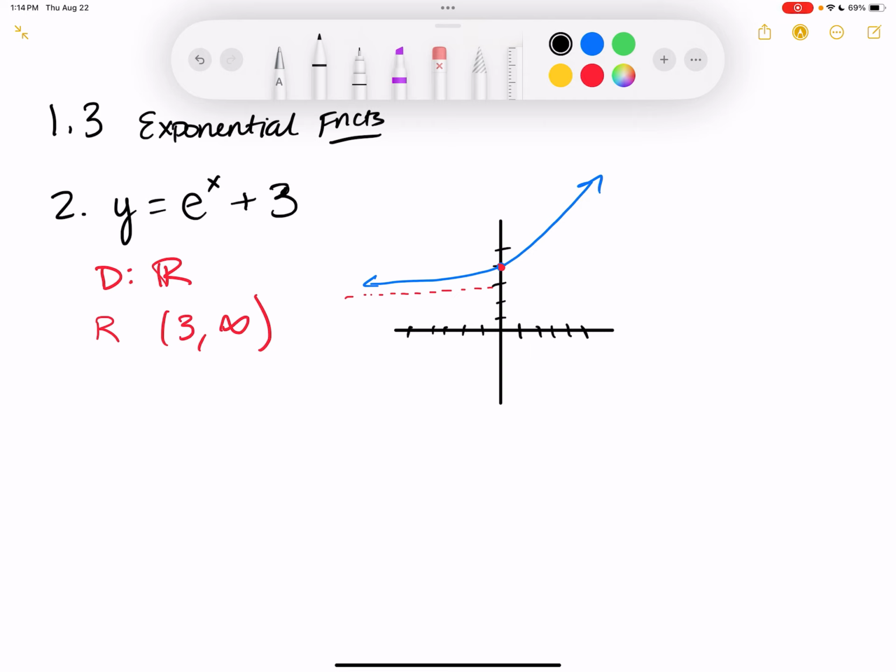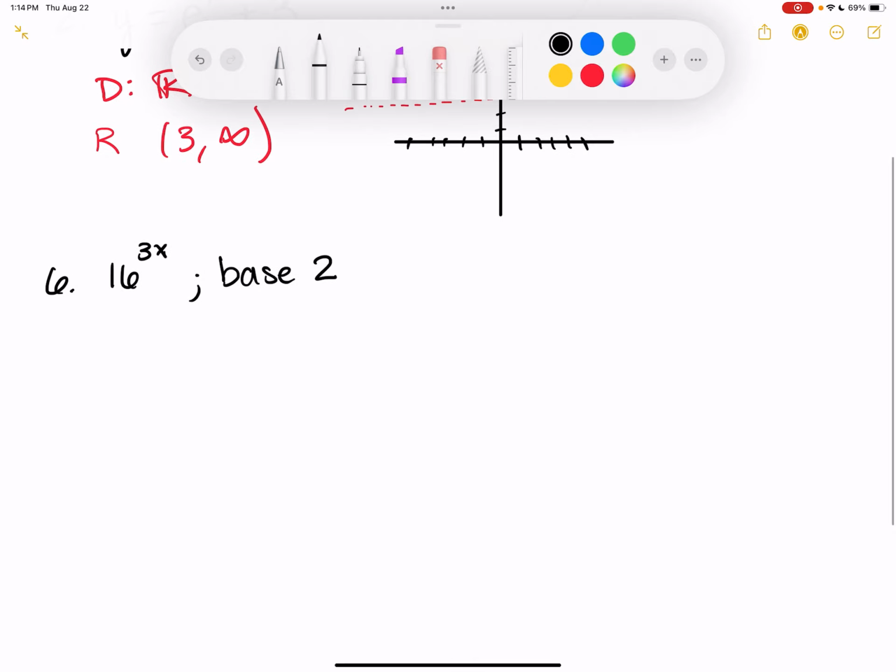Rewrite the exponential expression to have the indicated base. So, 16 to the 3x, base 2. So how can I rewrite this so that it's a base of 2 instead of 16? You do 2 to the. Okay, hold on. Let me think. 2 to the 4.